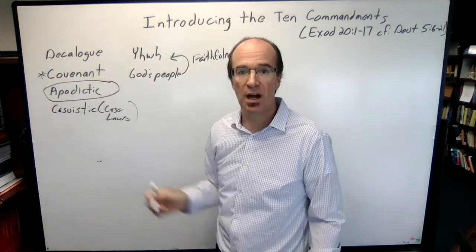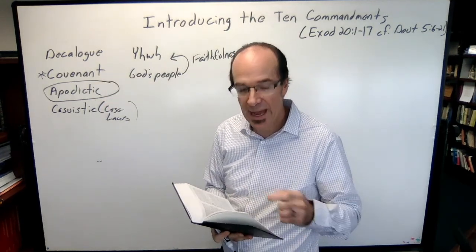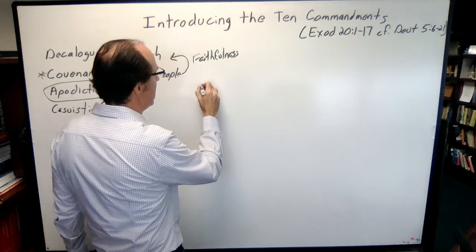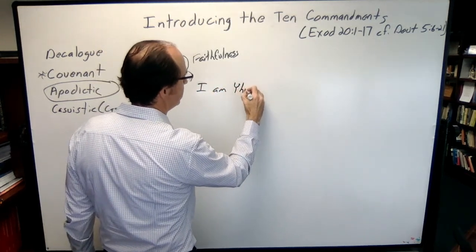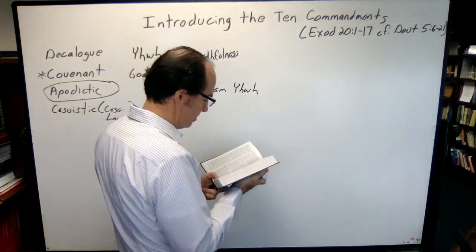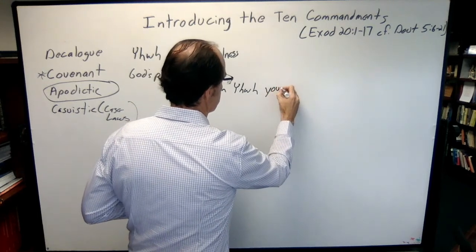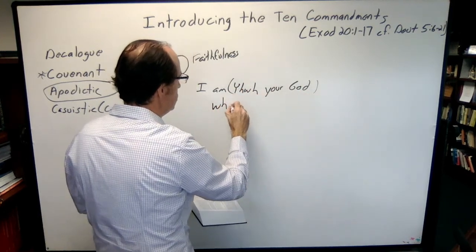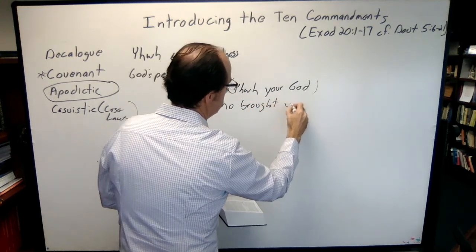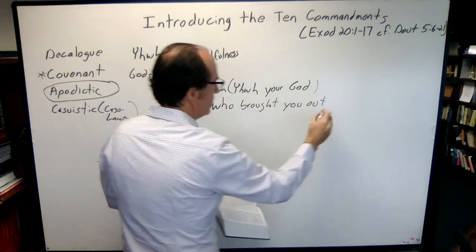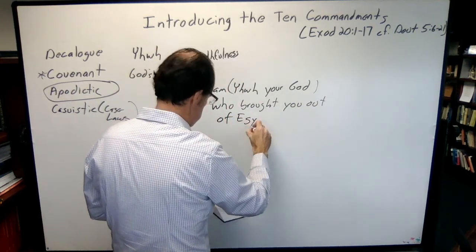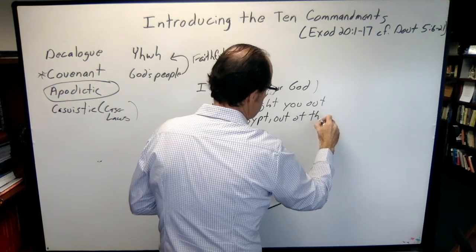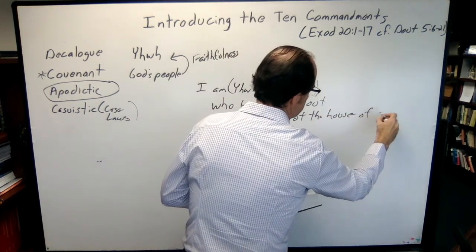We already talked that it's framed by the covenant, but if you look at Exodus chapter 20, verse 2, the initial statement is, "I am Yahweh, your God," and then this is defined by who brought you out of Egypt, out of the house of slaves.